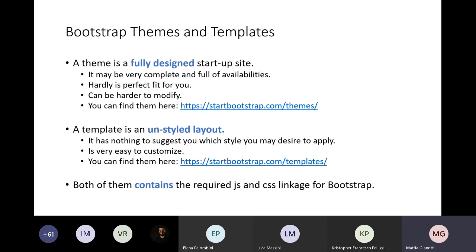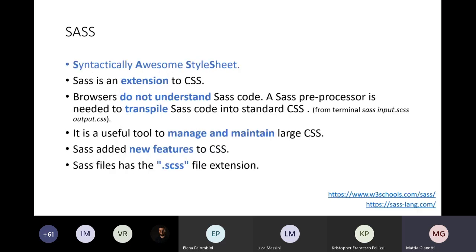However, if you want to go for a theme, there is one thing you really need to know, and it is that themes use Sass. What is Sass? Sass is an extension of CSS that provides newer and much more efficient features to manage and maintain large-scale CSS.